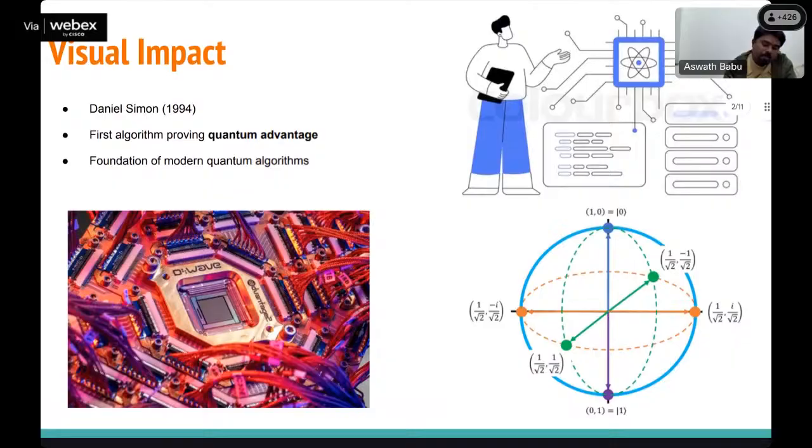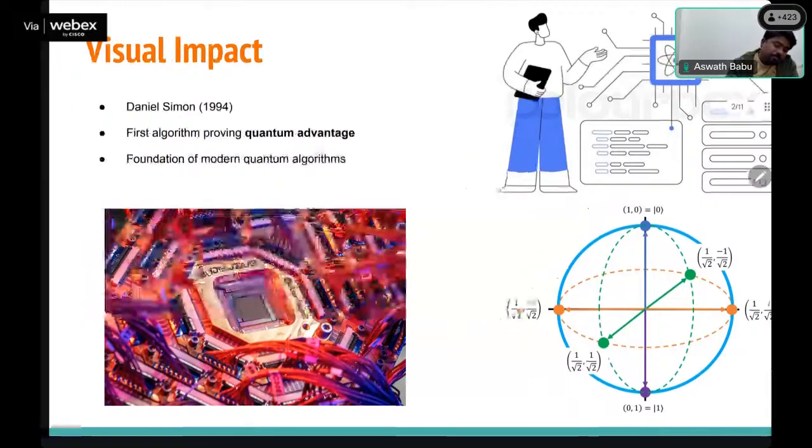I have created a first slide for visual impact. It was given by Daniel Simon around 1994, but it came to limelight in 1996 onwards. It is the first algorithm that provided a quantum advantage.